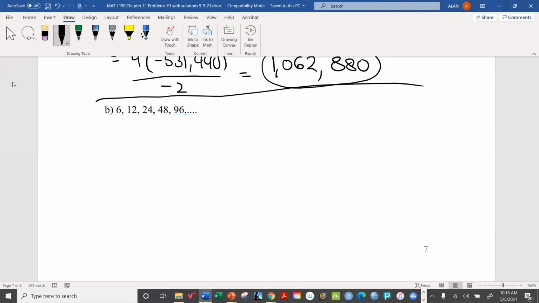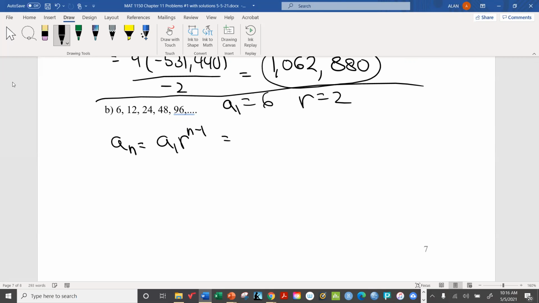All right, so we have A1 is 6, R is 2. So we have 6 times 2 to the 12 minus 1 power. 6 times 2 to the 11th. 6 times 2048, which is 12,288.